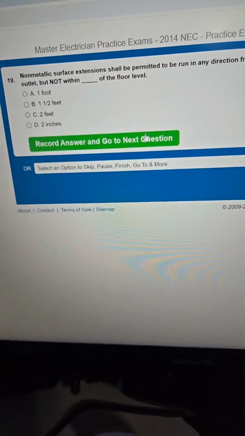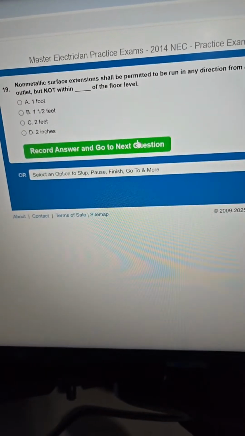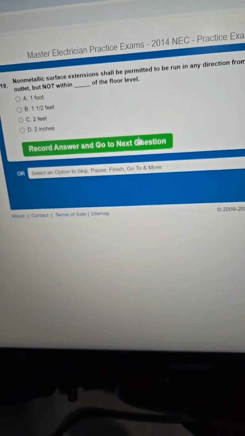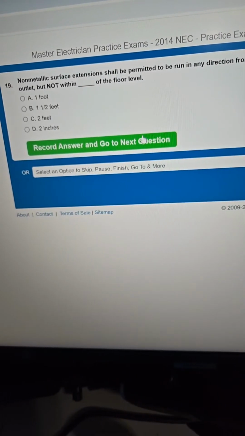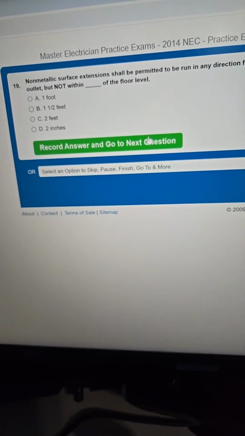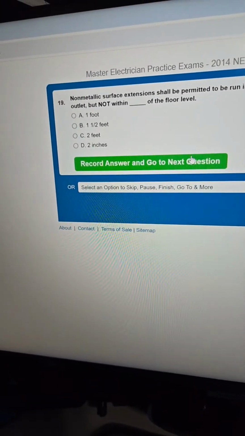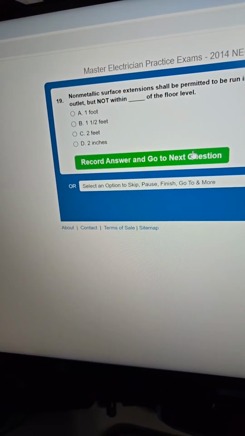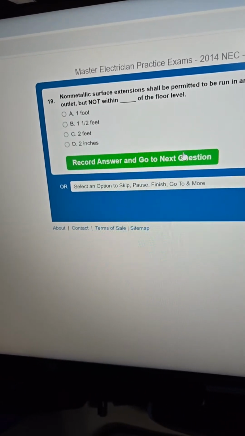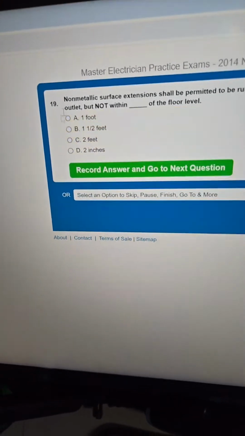What is this question? Non-metallic surface extensions. Okay, so box extensions shall be permitted to be run in any direction from an existing outlet. It's got to be 2 inches, man. It has to be 2 inches.